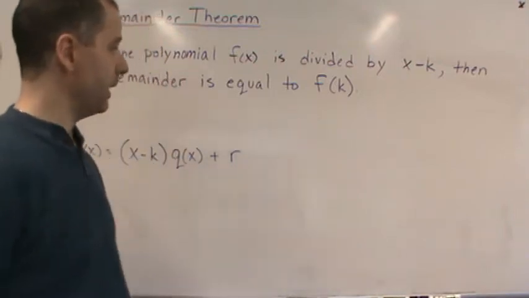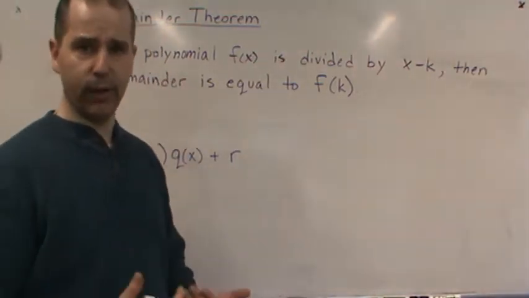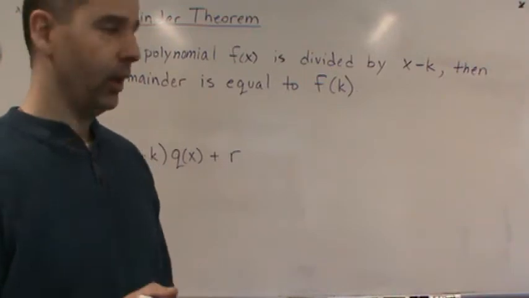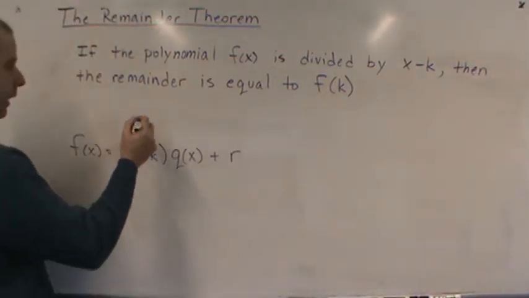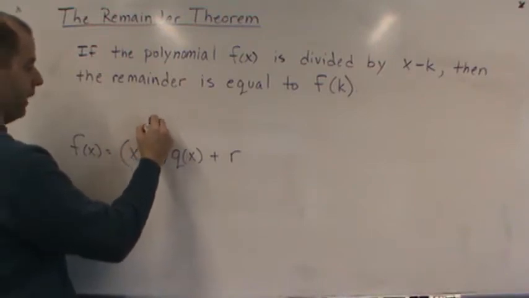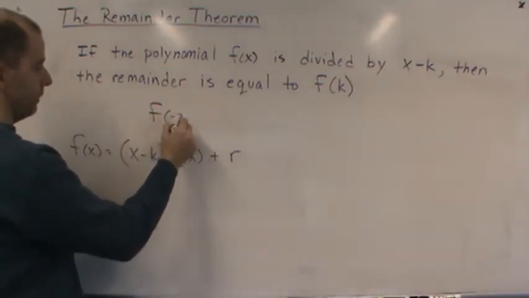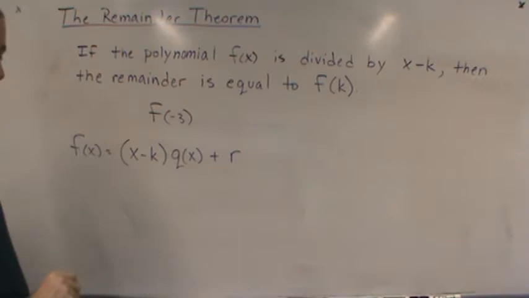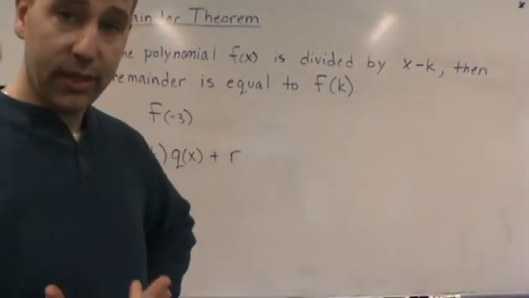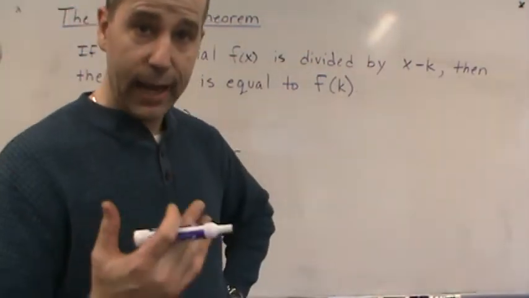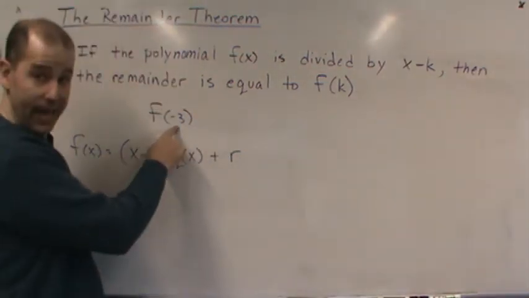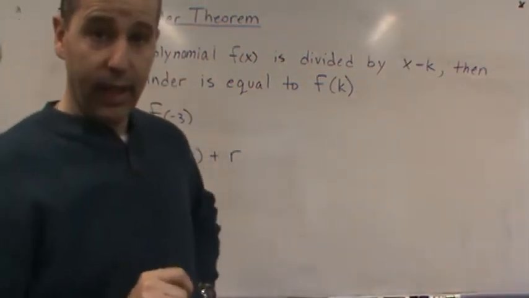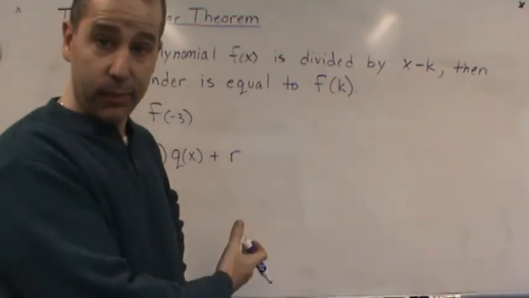Okay? So that means if I wanted to find the remainder, if I wanted to find the value of f of negative 3, then what I could do is use synthetic division, find the remainder using negative 3 as k, and whatever the remainder is, that's going to be the answer.